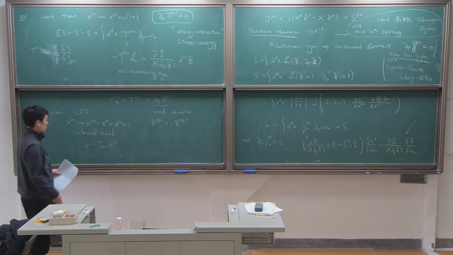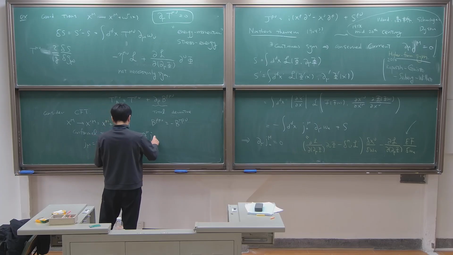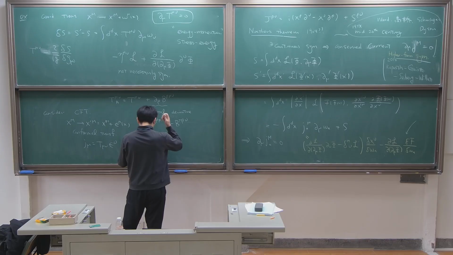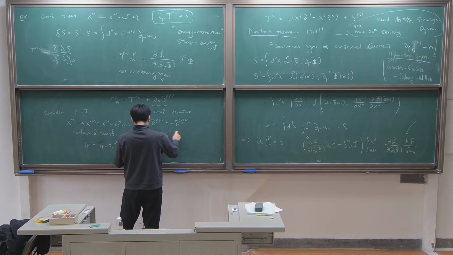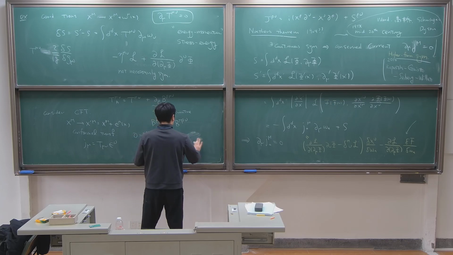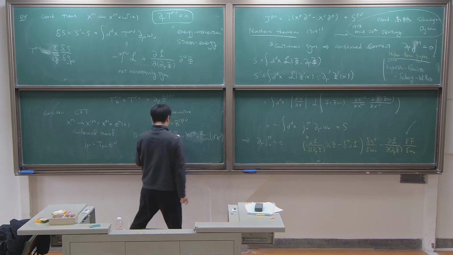Then the conservation of this current means the divergence of T mu nu epsilon nu is zero, which expands like this.